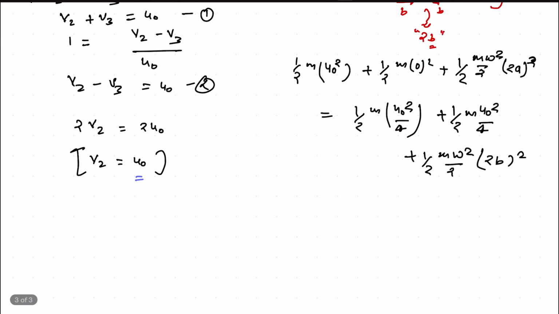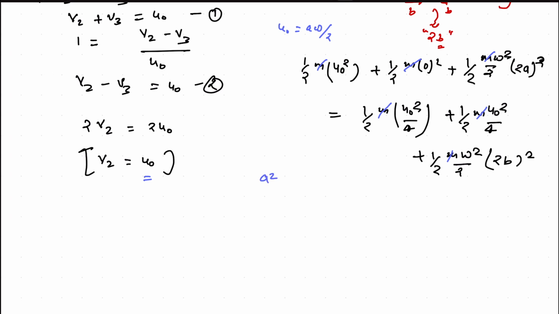Let's put all the values. So first let's cancel out the m, something extra. Okay, here we have u naught squared divided by 2. Let me put u naught as a omega by 2. So this is now just a calculation, need to do it a bit carefully. So this is a square omega square divided by 4 multiplied by 2, 8.